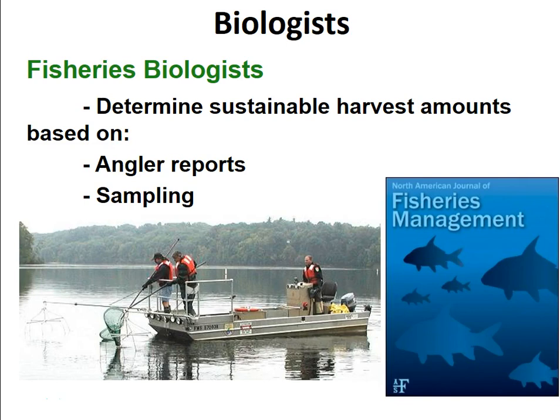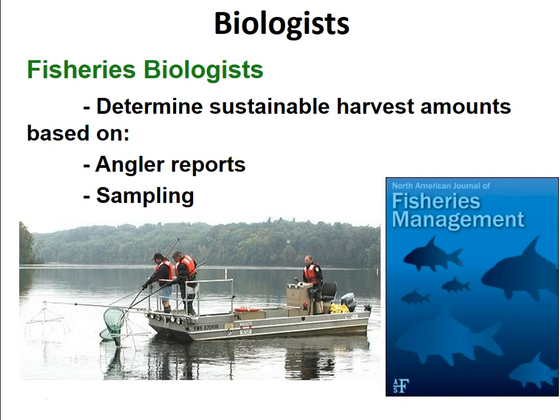The two individuals in the front can then net them and either take them back to the laboratory for further sampling, or often what they do is they'll take a measurement, usually length, weight, an estimate of age, and they may also squeeze them to see if they are gravid with eggs or milt, which is another name for fish sperm, and then they'll release them once they get the data they need.